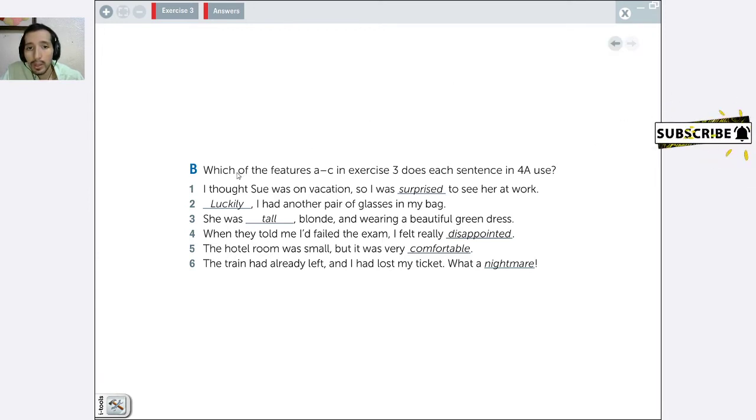Okay. Which of these features, A through C, in exercise 3, does each sentence in 4A use? Read the sentence.